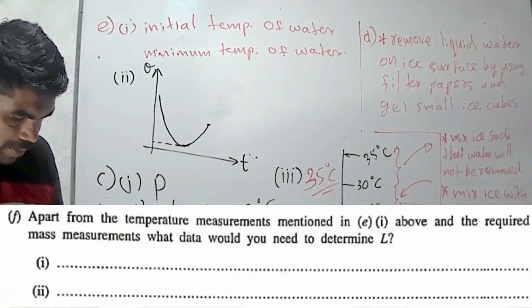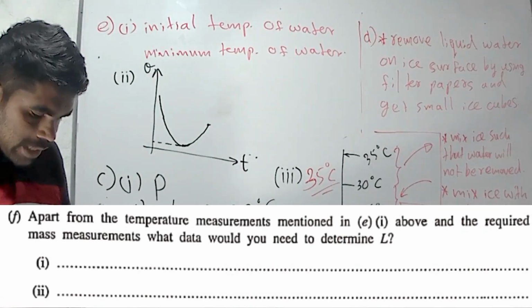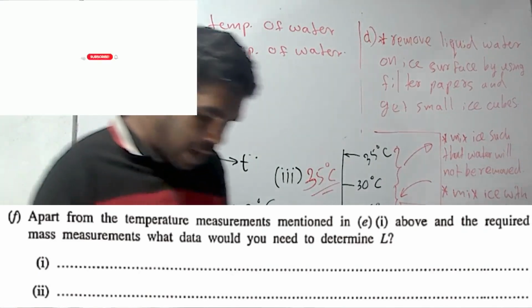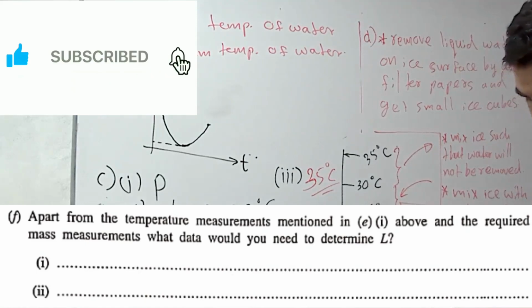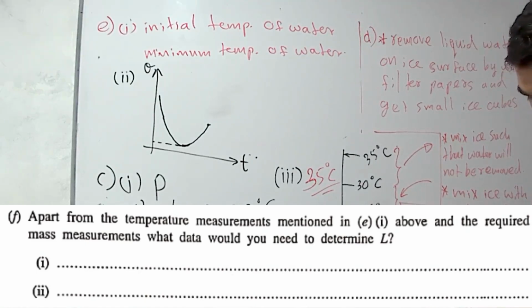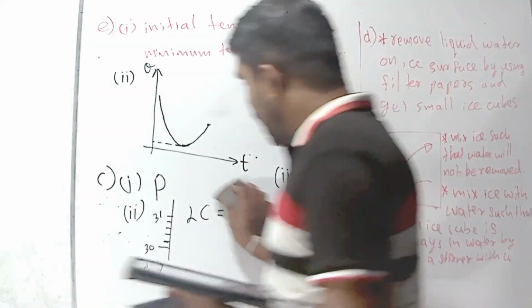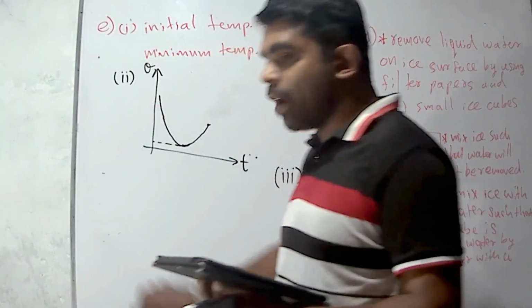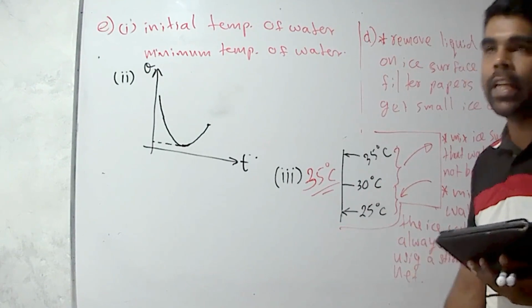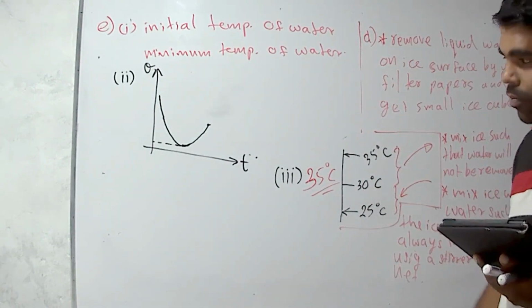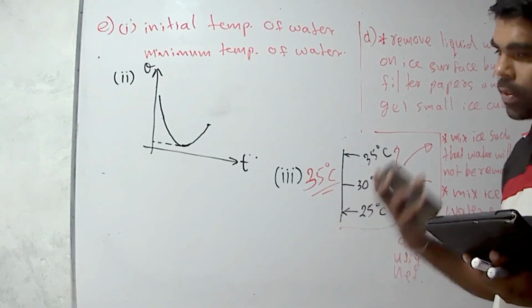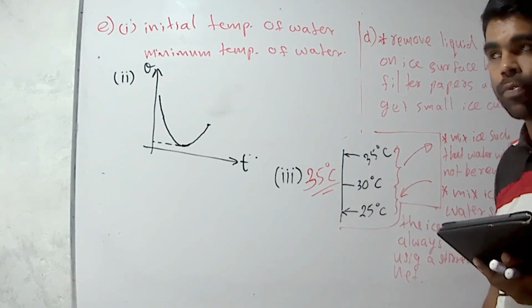In part F, apart from the temperature measurements mentioned in part E1 above and the mass measurements, what data would you need to determine latent heat L? In calculating latent heat, we have to use the specific heat capacity of water and the specific heat capacity of the calorimeter.